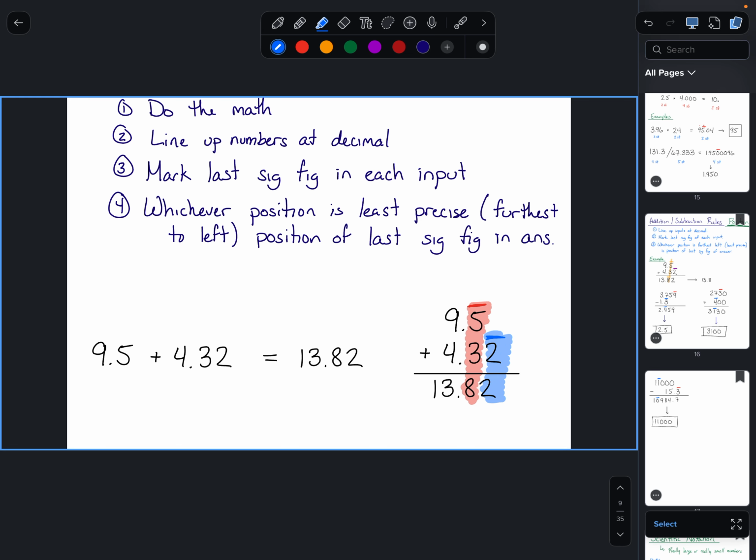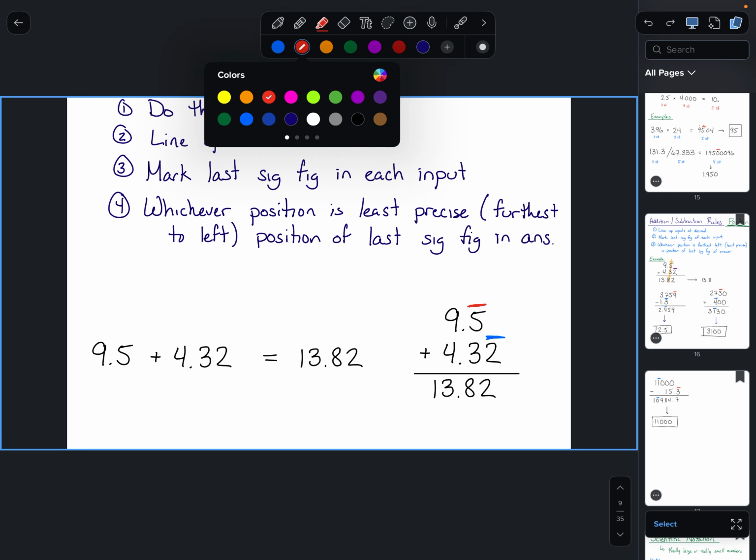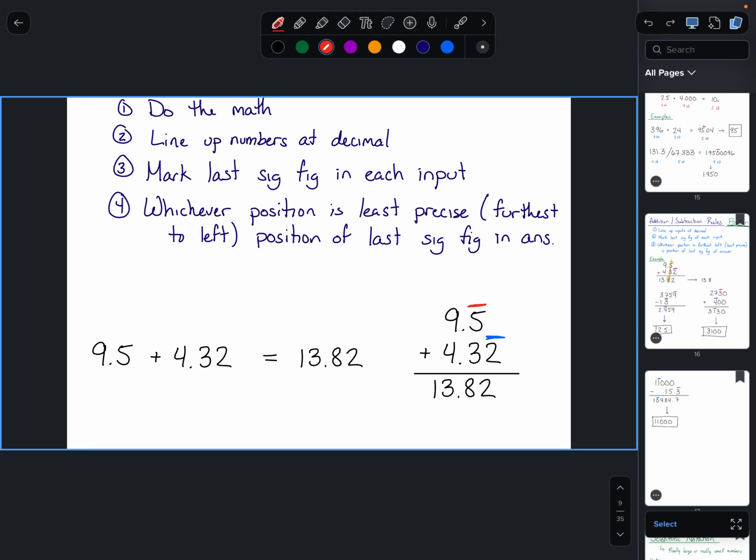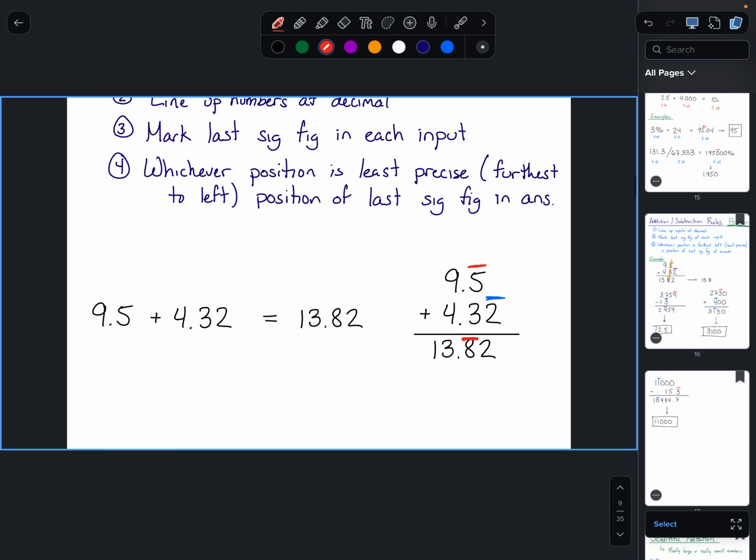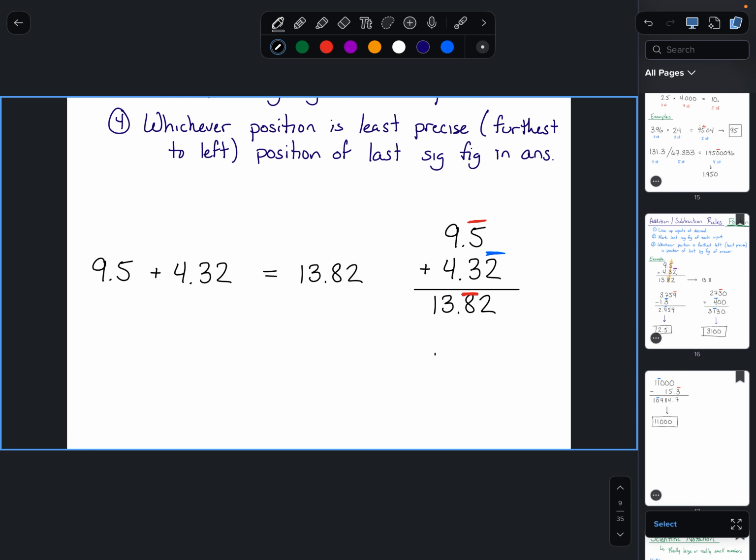Well, which one of these is further to the left, the red or the blue column? The red. That would be what we would call the least precise sig fig, which means that my final answer is going to be rounded to that position, to that tenths column. So my final answer here, 13.8, put a box around it.